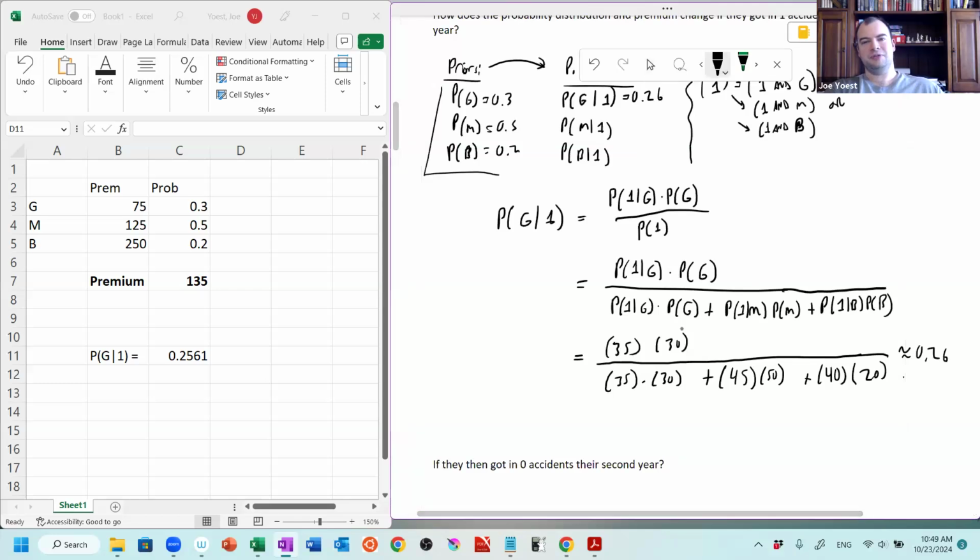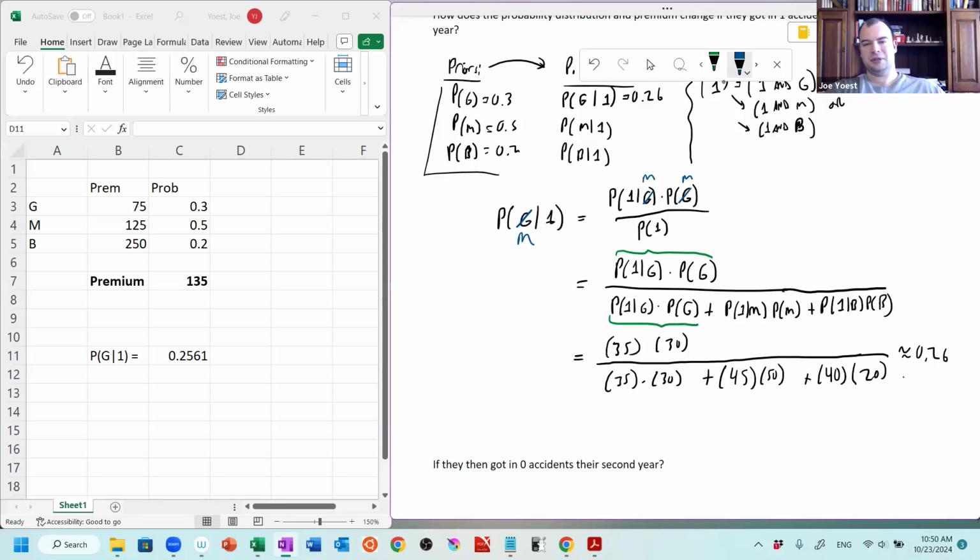I need to do the same thing for probability of moderate given one, but nicely enough, remember I've said before that in any of these Bayes calculations, our numerator will just be one of the terms of the denominator. If I want to switch good to moderate to get probability of moderate given one accident in the first year, well, that just switches this and this to moderate.